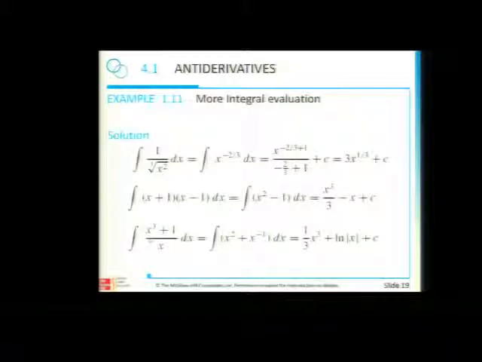The first term is x cubed over x, which gives you x squared. The second term is 1 over x, which we can put in exponential form, x to the power minus 1. Then we separate this into two integrations. The first gives you x cubed over 3 when you integrate x squared. When you integrate x to the minus 1, you get log. And of course, you get a constant c. All right? So that's the idea.